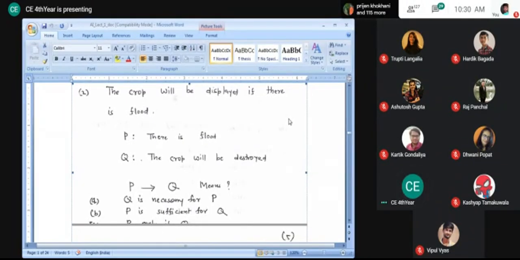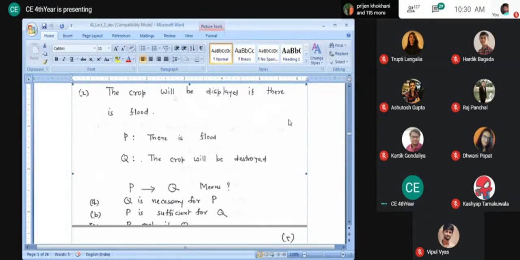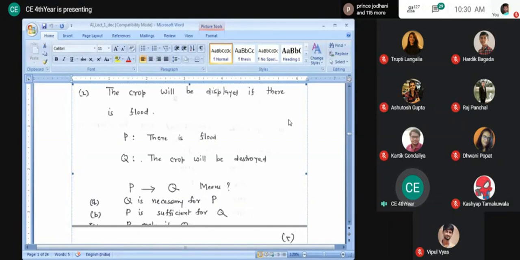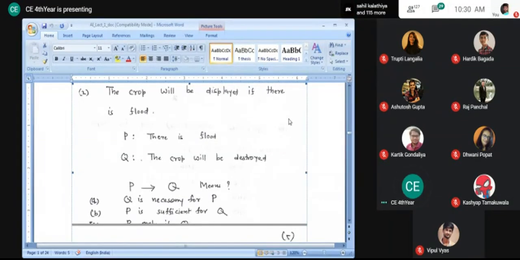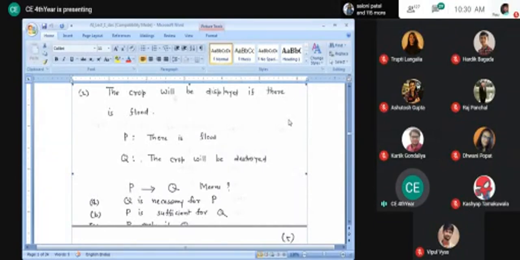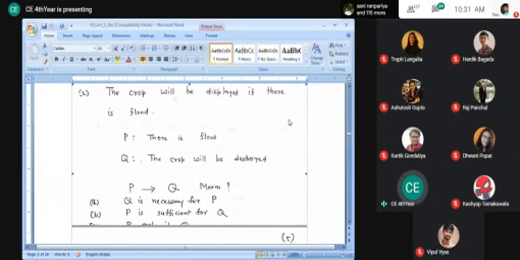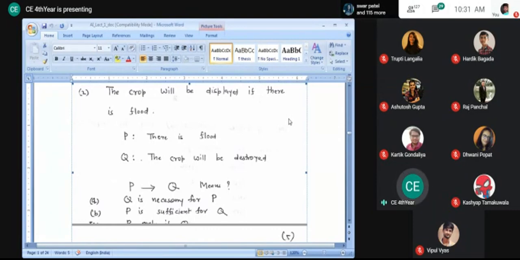Let us discuss option number A, Q is necessary for P. Go back to our modus tollens. P implies Q. Given that not Q, the conclusion is not P. So if Q becomes false, then the conclusion is P is false.